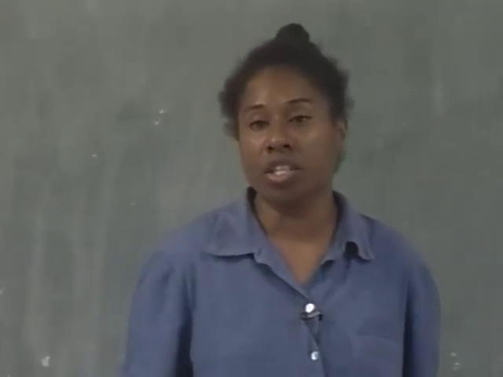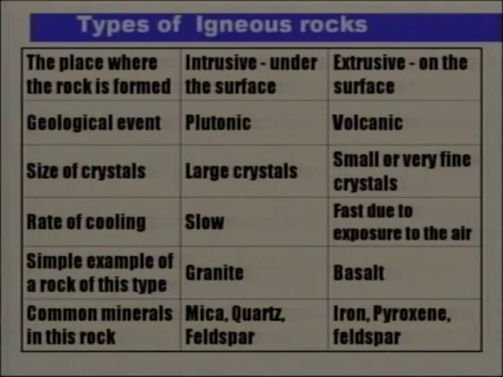Your homework, you were supposed to look at a flow diagram, and that flow diagram that you were supposed to have constructed should be able to help you differentiate between the two areas of where igneous rocks are actually formed. So if we look at that information again from the table, you can double check with the information you have constructed in your exercise book.